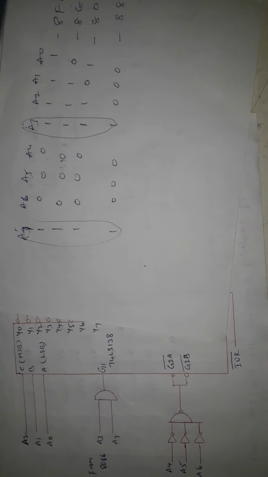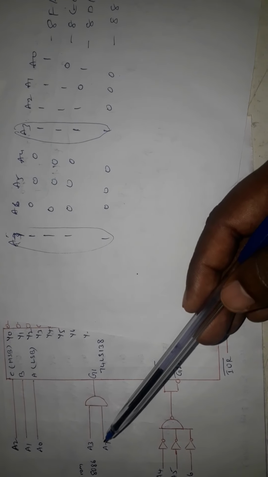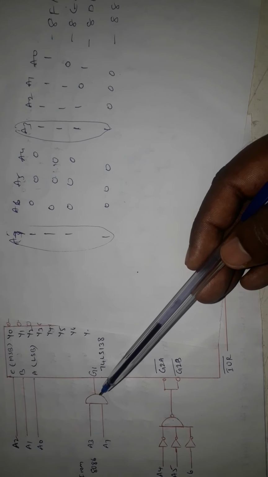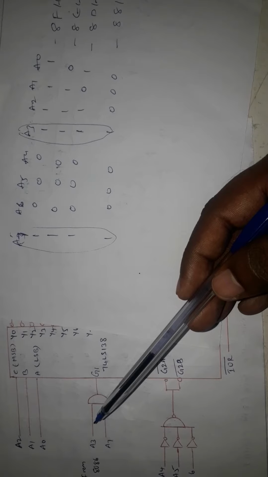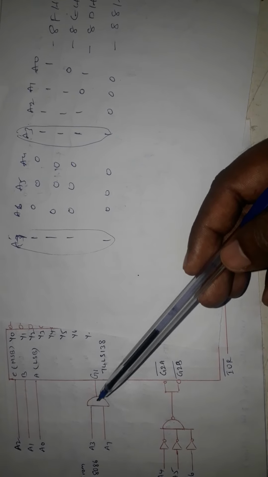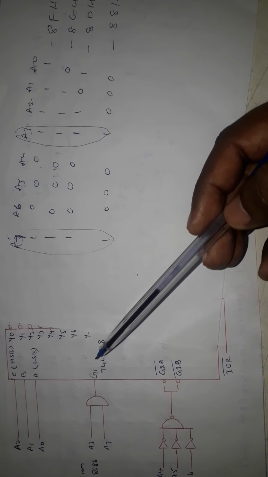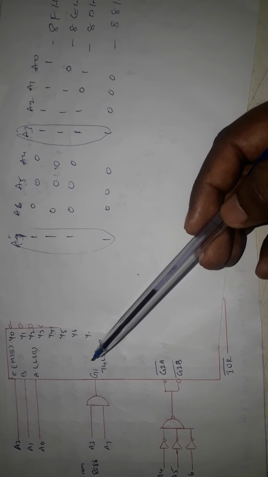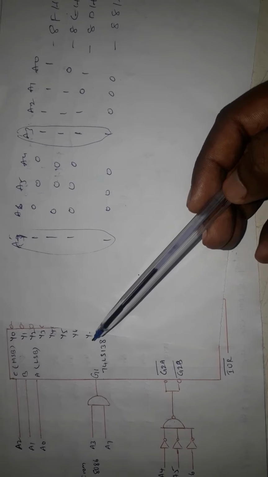Similarly, A3 and A7 are also always 1. A3, A7 pins are connected to the AND gate. Whenever they get 1 at the AND gate, it also enables the G1 pin of the 74LS138.